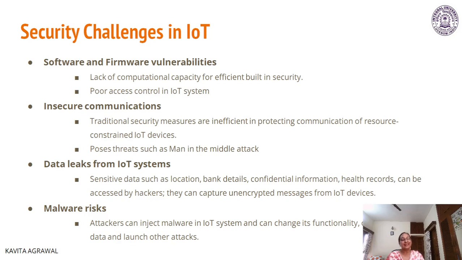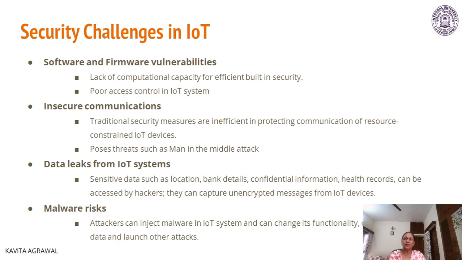Then there are data leaks from IoT systems. We have sensitive data such as location, bank details, our confidential information, maybe our health record, which may be leaked from our system because there may be some in-between hackers who will hack our data.